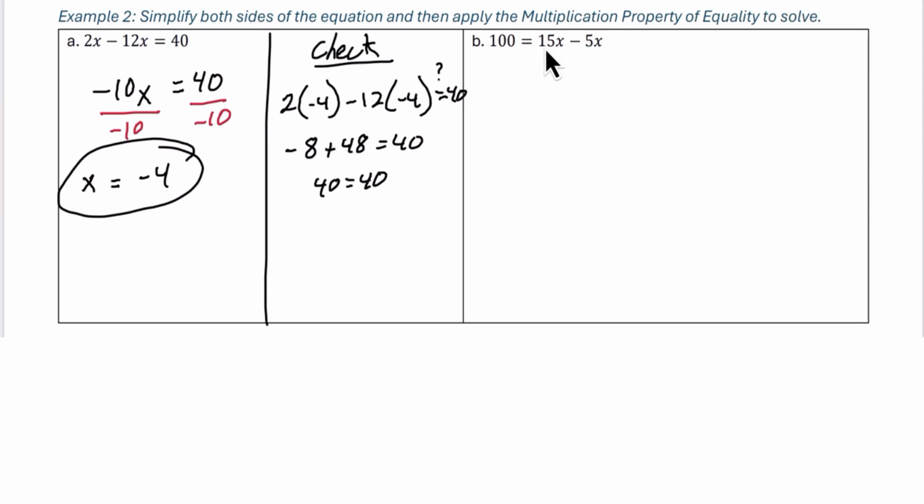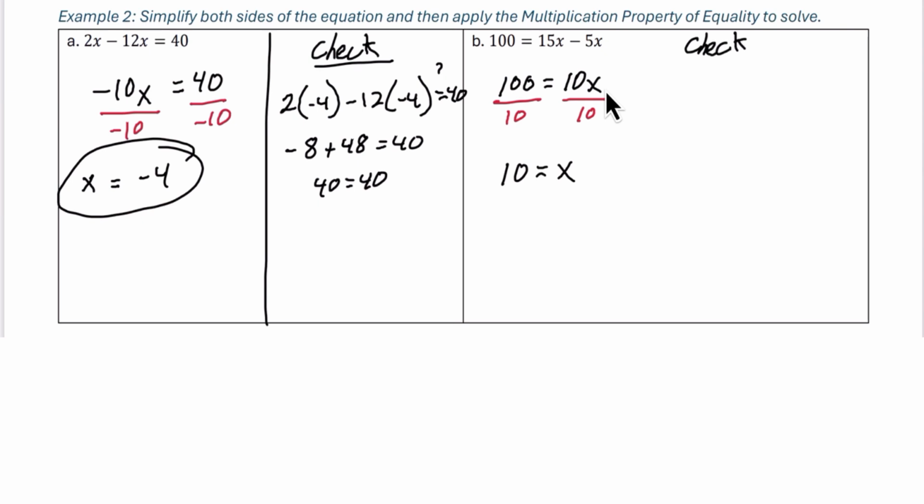In the next example, we can simplify on the right side. Notice that 15x and -5x are like terms, so we can combine those. 15x minus 5x is 10x. And now we have 10 times x. To undo that, we will divide by 10. And now 10 equals x. Let's check.